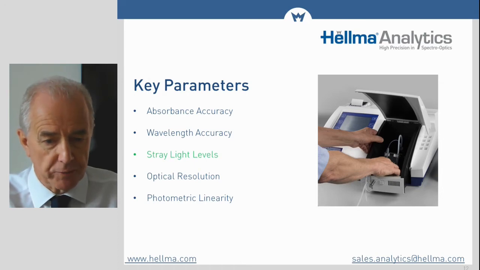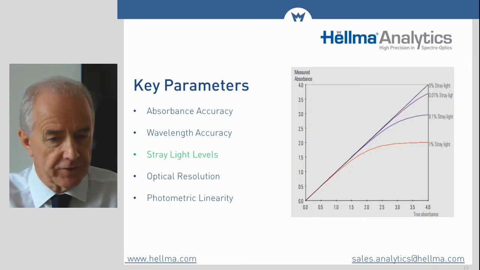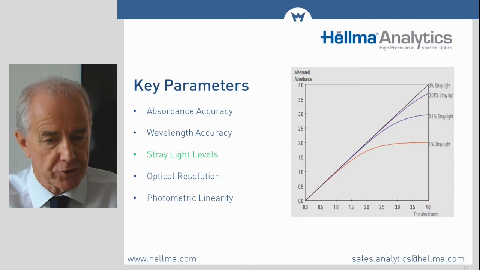Stray light can also be the result of poor sealing around the sample compartment. The effect of stray light on absorbance accuracy is much greater at high absorbance values, as can be seen on the graph. So this further supports the European Pharmacopoeia in their requirements for a risk assessment when measuring absorbance levels above 2.